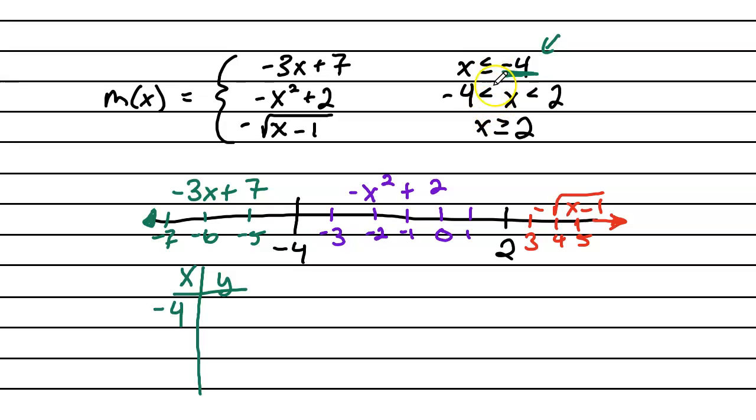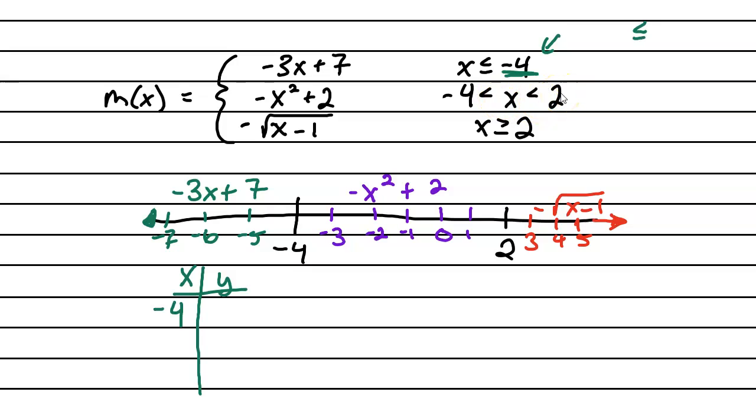And that's going to be determined by these symbols here. The symbols that will have a closed circle are those that have the equal to parts. The ones that have strictly less than or greater than will have the open circles.